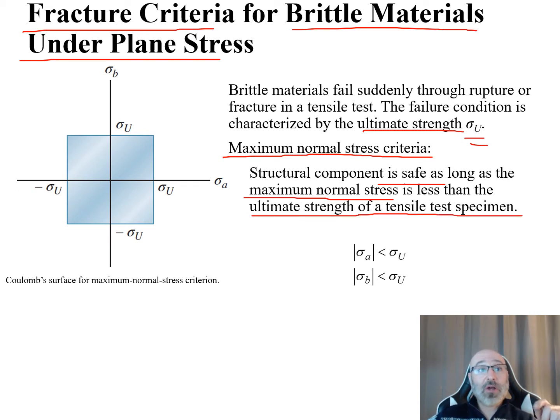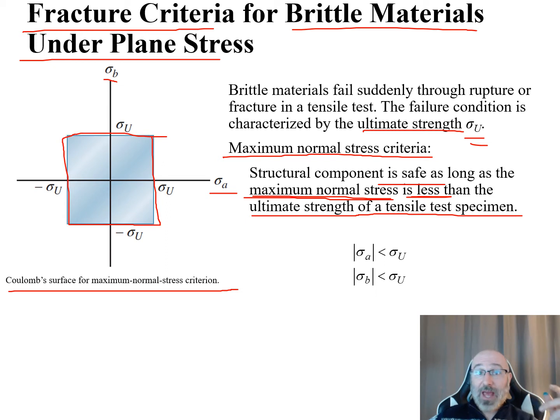Over on our diagram, we have our Coulomb surface for a maximum normal stress criterion, and we have our sigma A and our sigma B. These are our maximum normal stresses, characterized by those two axes, and they need to be less than our ultimate strength. We have out here in the square our sigma u and negative sigma u to show our ultimate strength. So what this is saying is that the absolute value of sigma A needs to be less than sigma u, and the absolute value of sigma B needs to be less than sigma u, our ultimate strength.